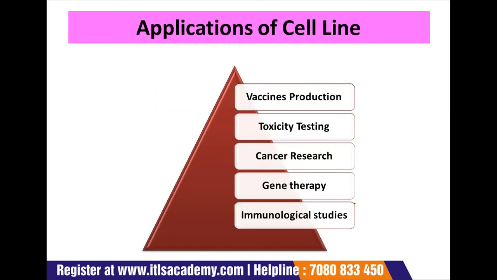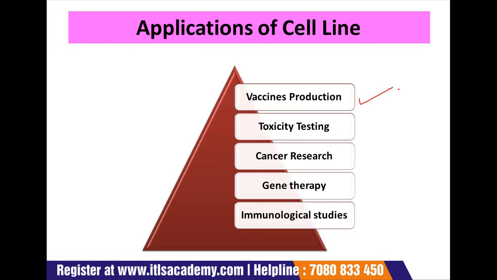And now we will discuss the applications of cell lines. In different areas, cell lines are useful, like vaccine production, toxicity testing, cancer research, gene therapy and immunological study. Let's start with vaccine production. One of the most important uses of cell culture is in research and production of vaccines.